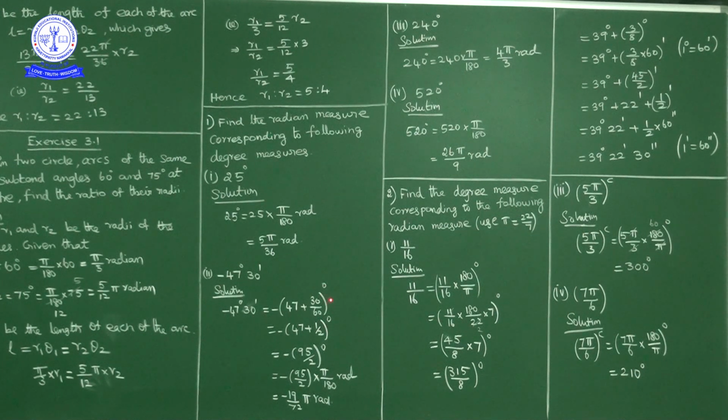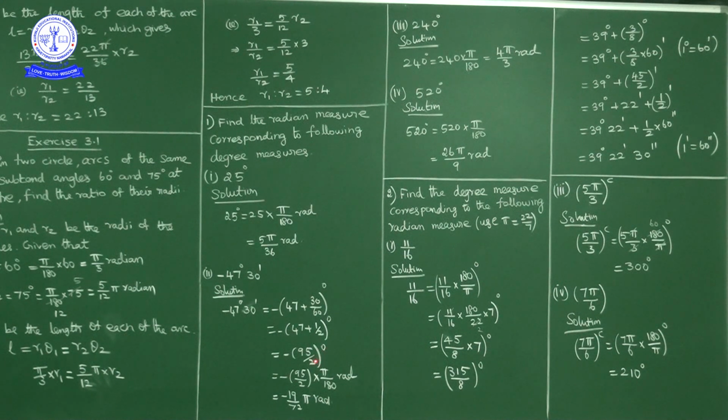We are writing everything in terms of degrees, so 30 by 60 is half a degree. So minus of 47 plus half, which is 95 by 2. So minus 95 by 2 degrees.